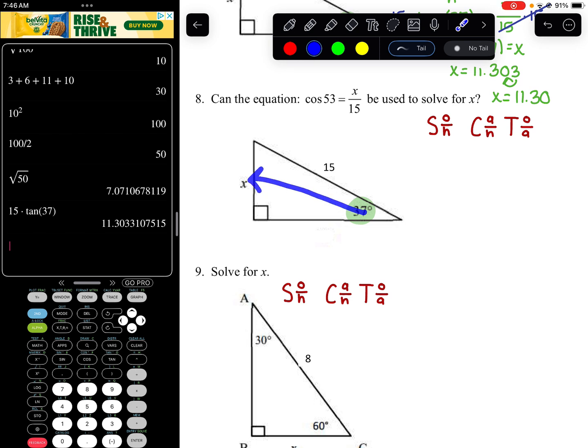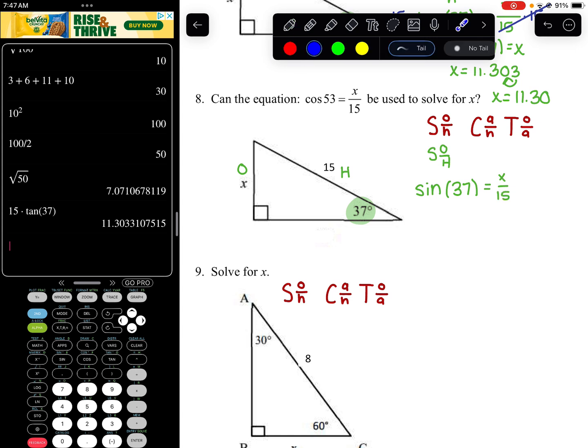Opposite of 37 is x, so x gets that O. 15 gets the letter H because it is across from the right angle. It's your hypotenuse. So using O and H tells us we are using sine of, inside of the parentheses goes your angle, your opposite side is x, your hypotenuse is 15.